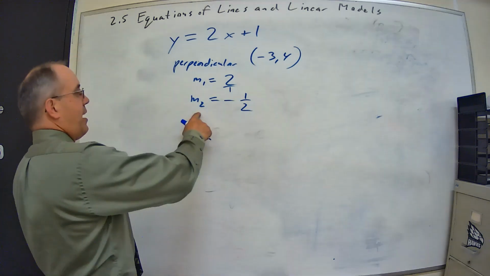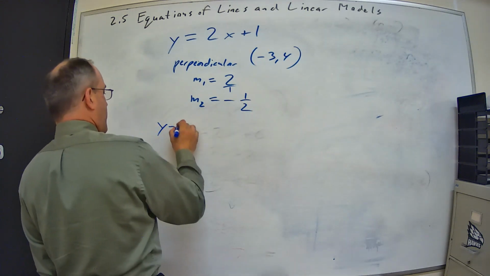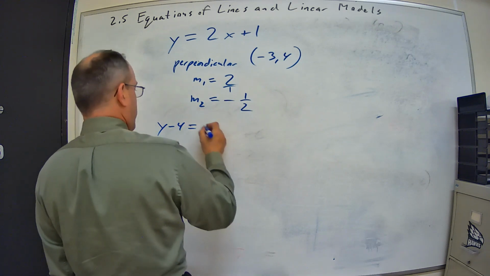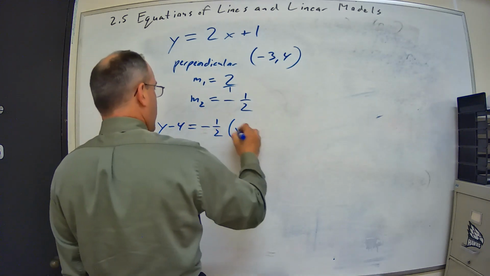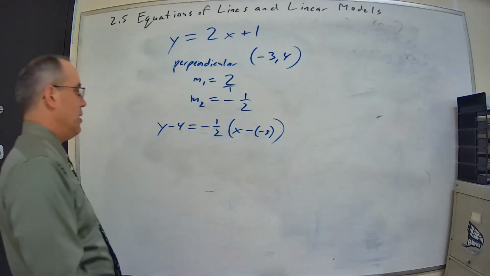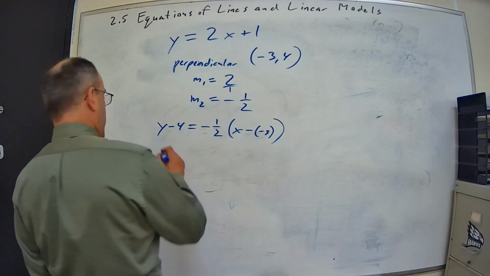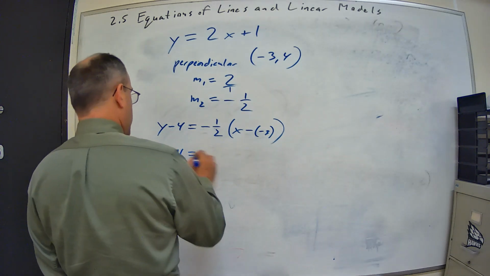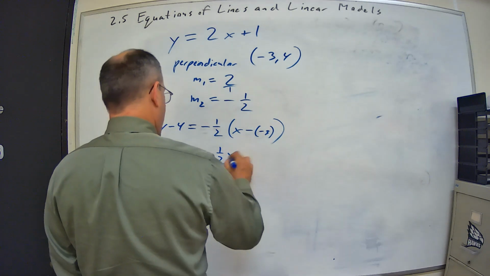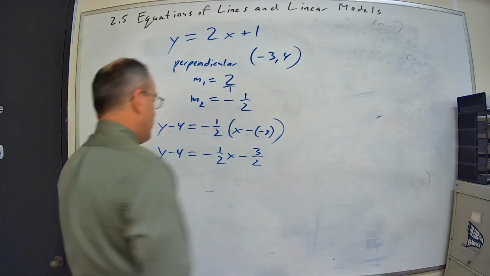Now that I have that slope, I have a point, and same thing, y minus 4 is equal to negative 1/2 times x minus negative 3. And then if I want to put it into slope-intercept form, y minus 4 is equal to negative 1/2 x minus 3/2.